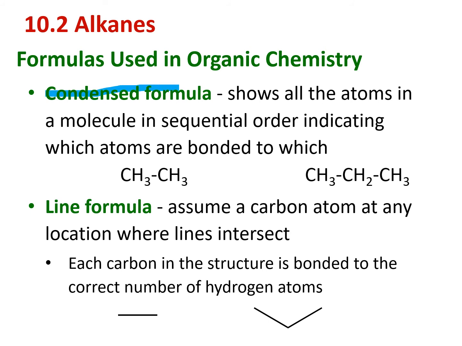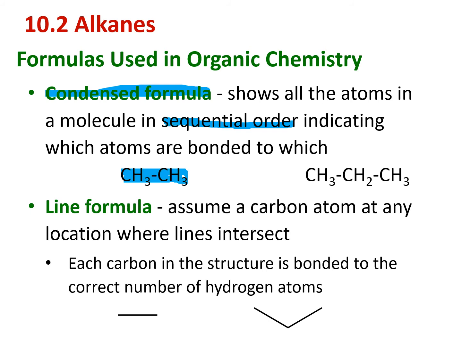Condensed formula shows all the atoms in a molecule in a sequential order, indicating which atoms are bonded to which atom. In the example shown here, CH3 is bonded with CH3, and the bond is a carbon-carbon bond, and another one, CH3CH2CH3.